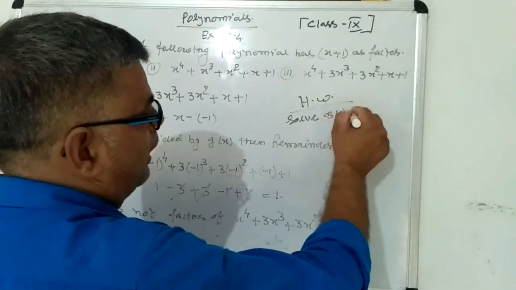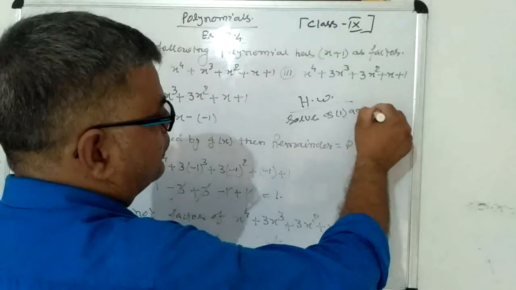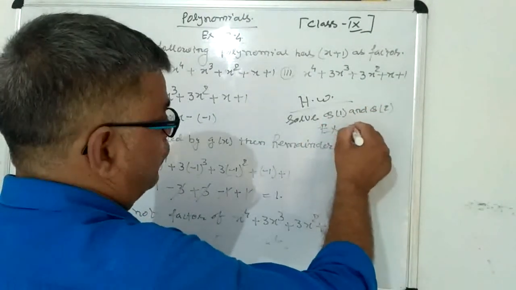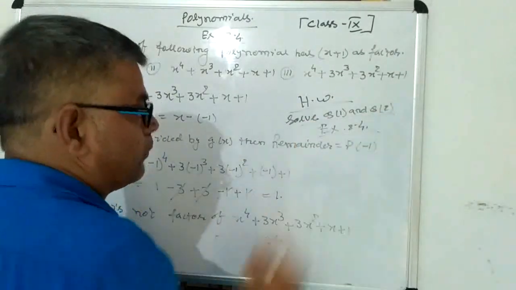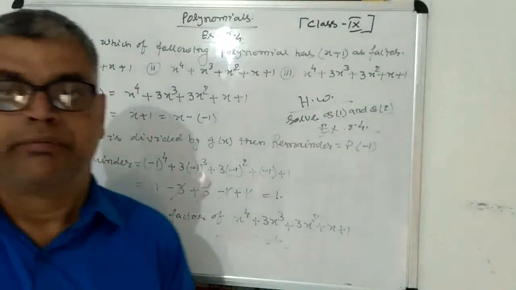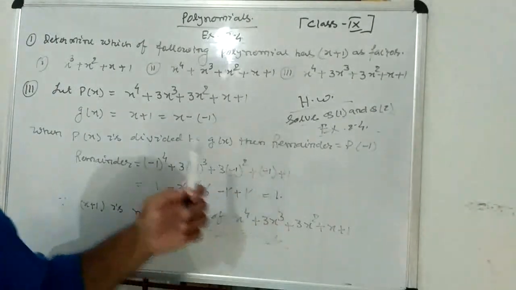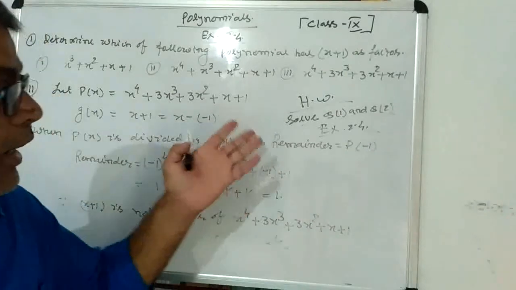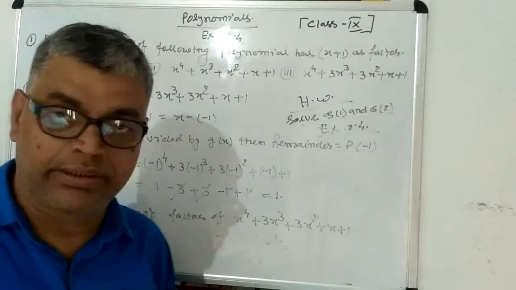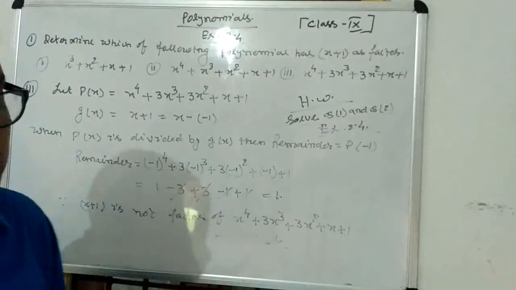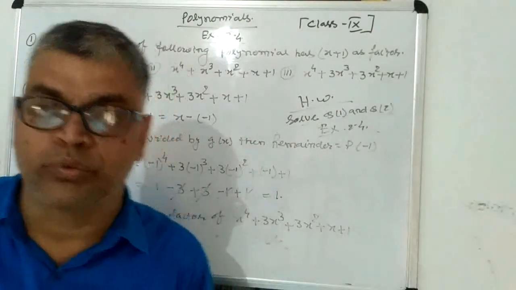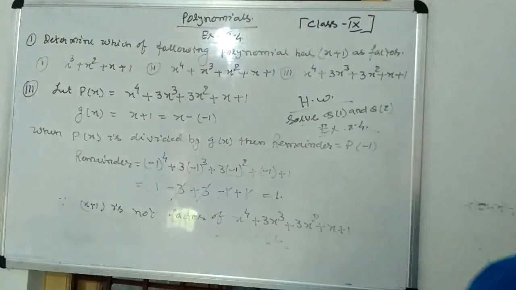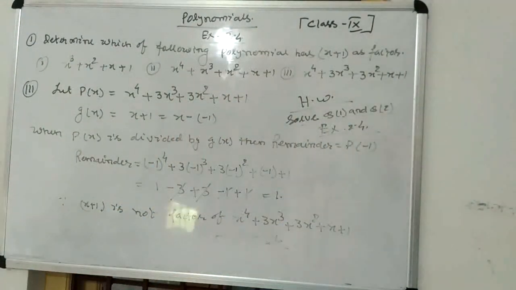So this is your homework for today, because for question number 1 I have discussed, there are 4 questions, out of which I have already discussed 3 questions. Question number 2 is also similar. So 1 and 2 you have to do by yourself and upload in your class WhatsApp group. Okay, thank you.